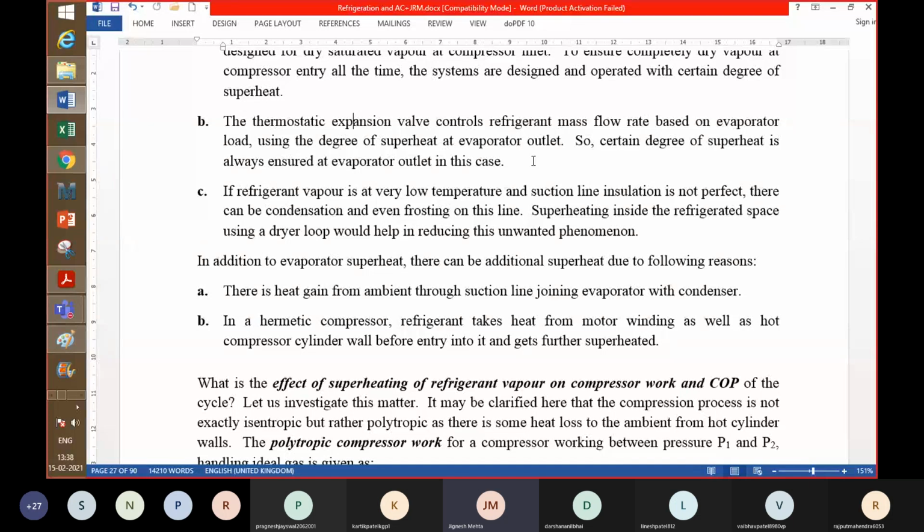And if it is at a very low temperature, not for refrigeration or air conditioning application, but for some other application where the temperatures are low, like the way it was minus 20, and if it gets exposed to the ambient, even if you insulate it, still there are chances that the surface temperature would be less than the dew point temperature.